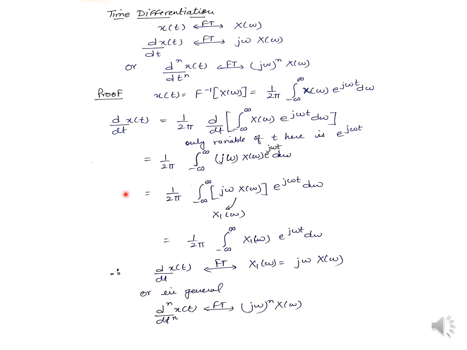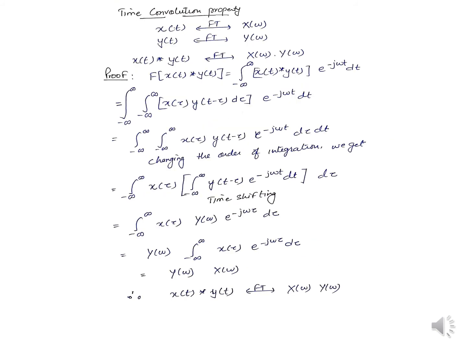This X1(omega) forms a Fourier transform pair with this. So d by dt of x(t) corresponds to X1(omega), equal to j omega X(omega), or in general, if you are differentiating it n times, it will be (j omega) to the power n.